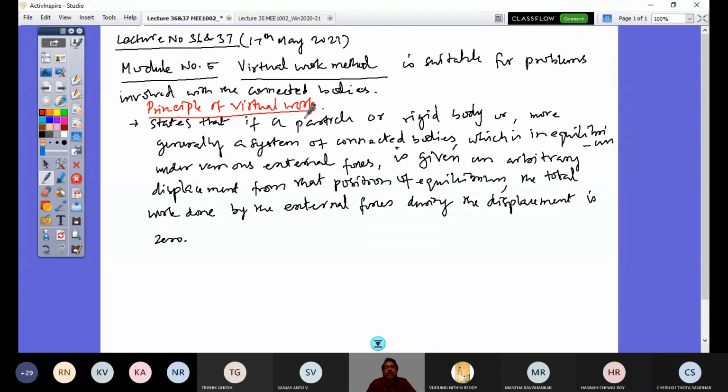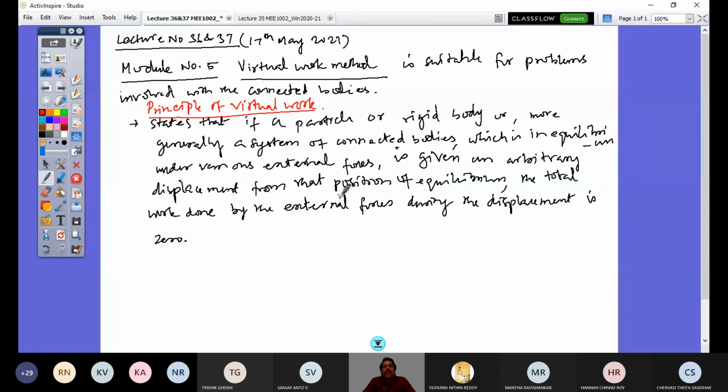Let me once again read out what I have written. The principle of virtual work states that if a particle or rigid body, or more generally a system of connected bodies which are in equilibrium under various external forces, is given an arbitrary displacement from that position of equilibrium, the total work done by the external forces during the displacement is zero, is what is called the principle of virtual work.